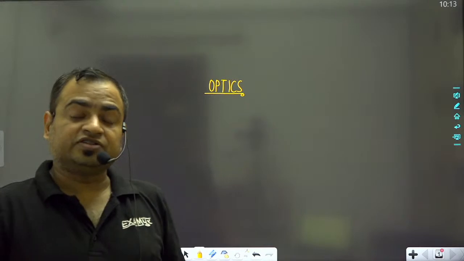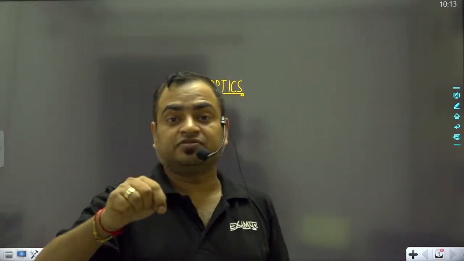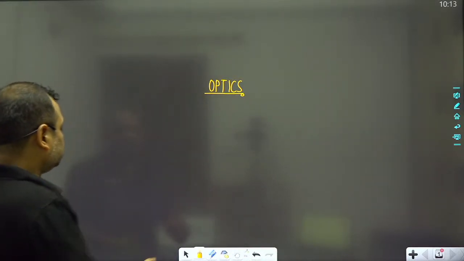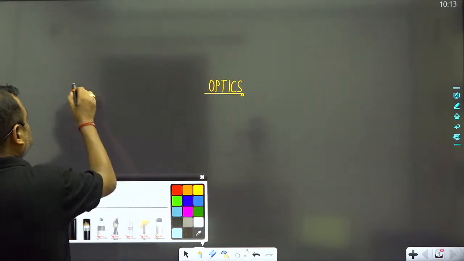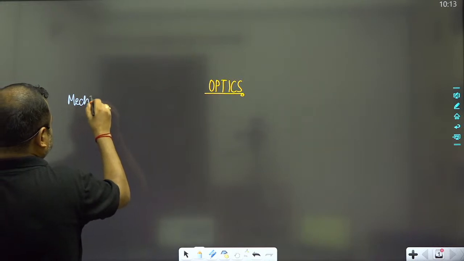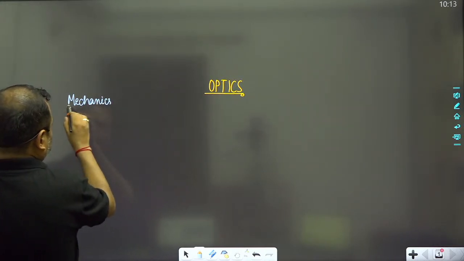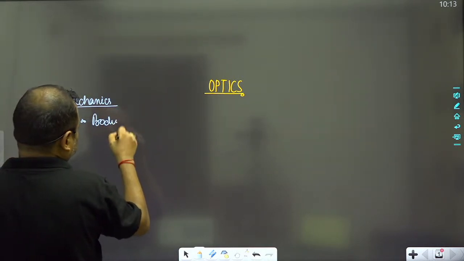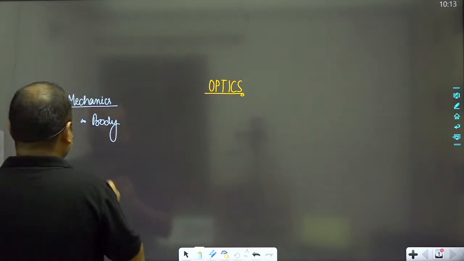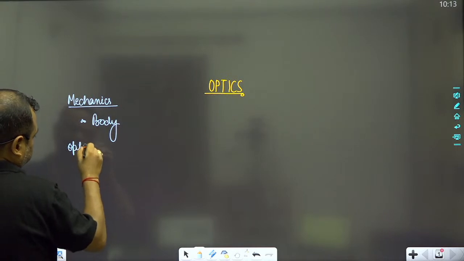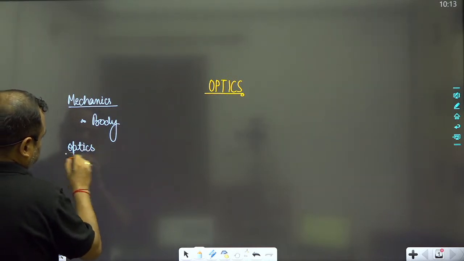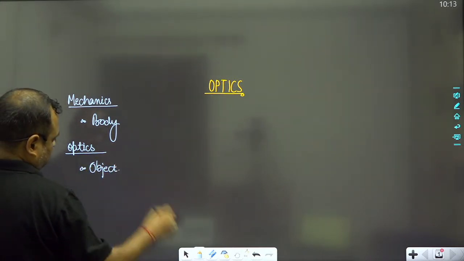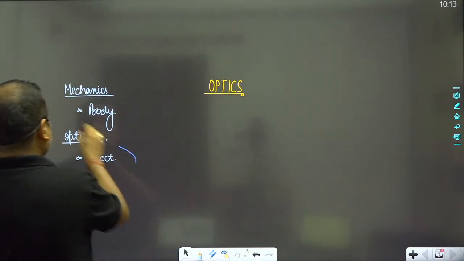But in case of optics, we call all these things an object. So when we study mechanics, there are bodies, or we can say there is a body, but the same thing in optics we call an object.